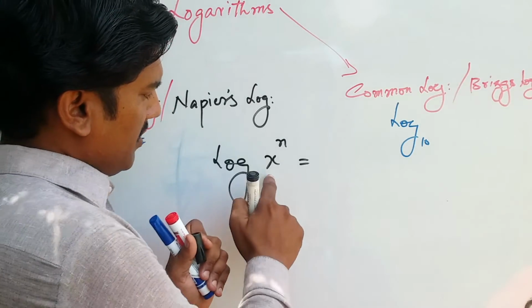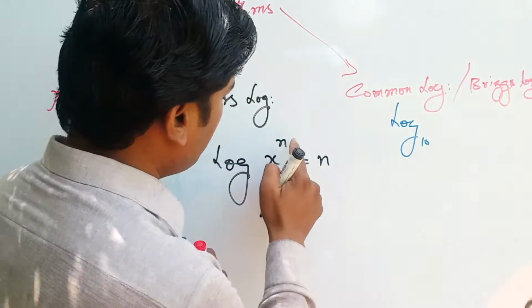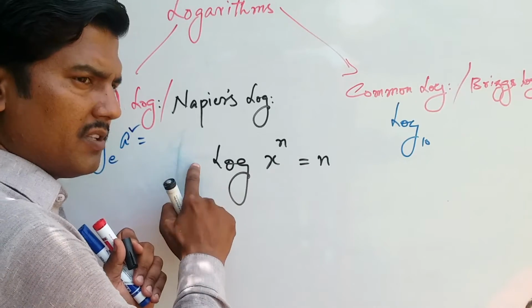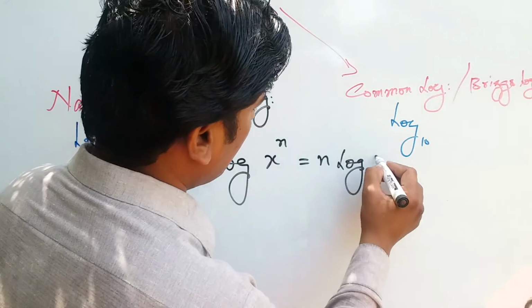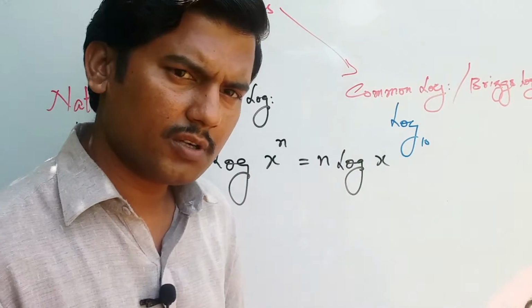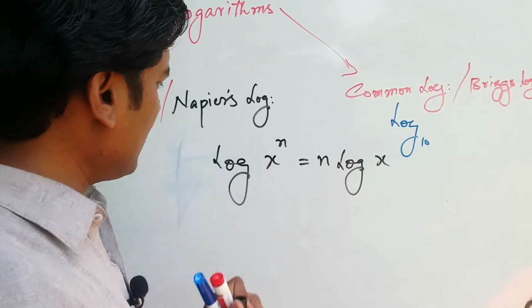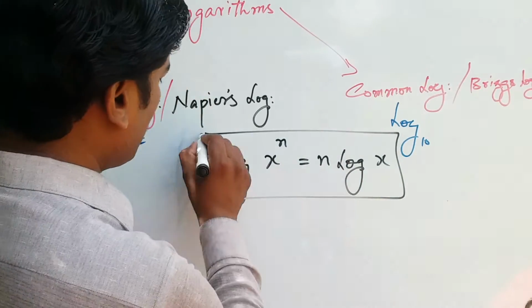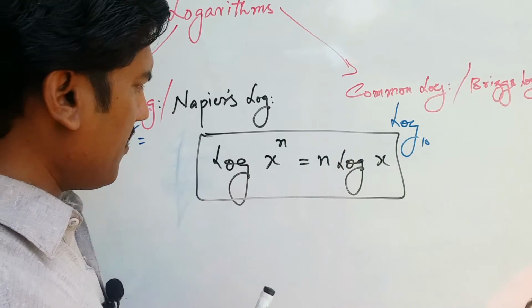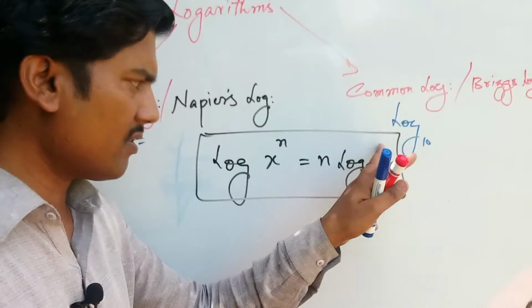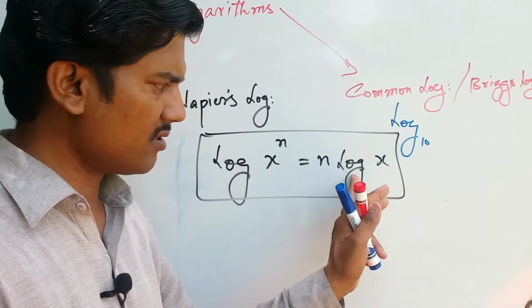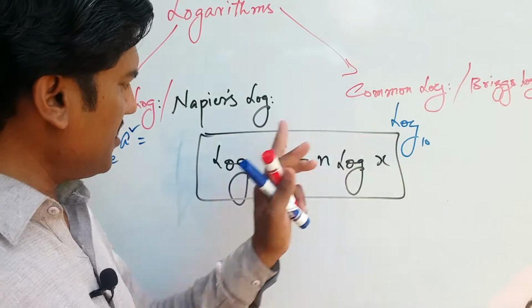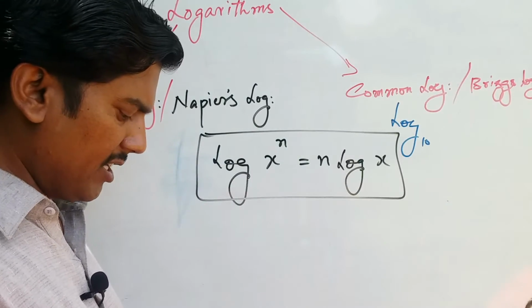Here n will be dragged to the front and x will remain at its place. This is rule number 1. Wherever there is a power over this x which comes after the log, we will drag it first in the beginning.